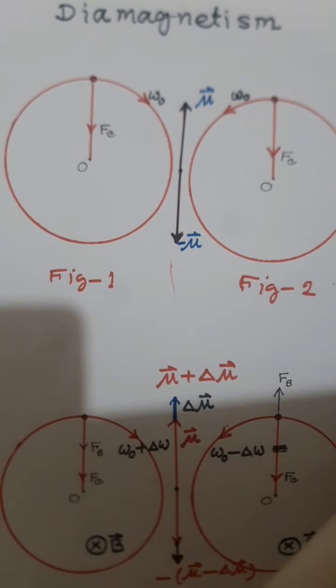Two orbiting electrons of an atom of a diamagnetic substance are shown in figure 1 and 2.